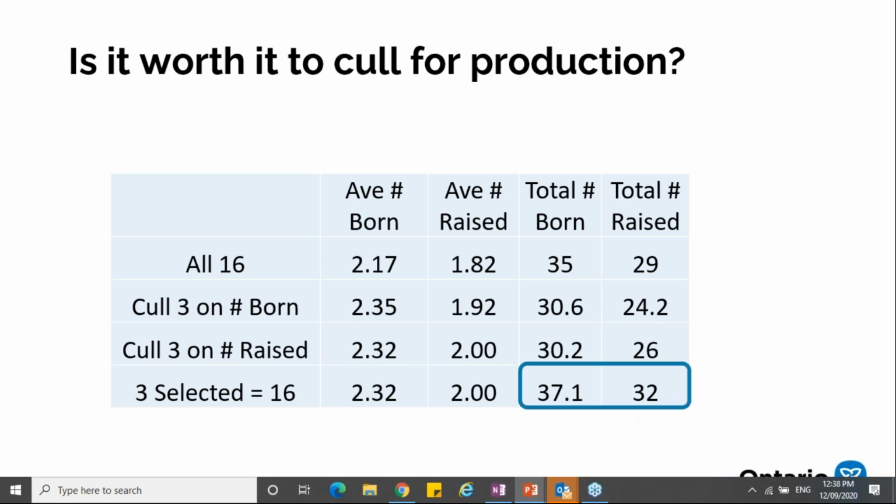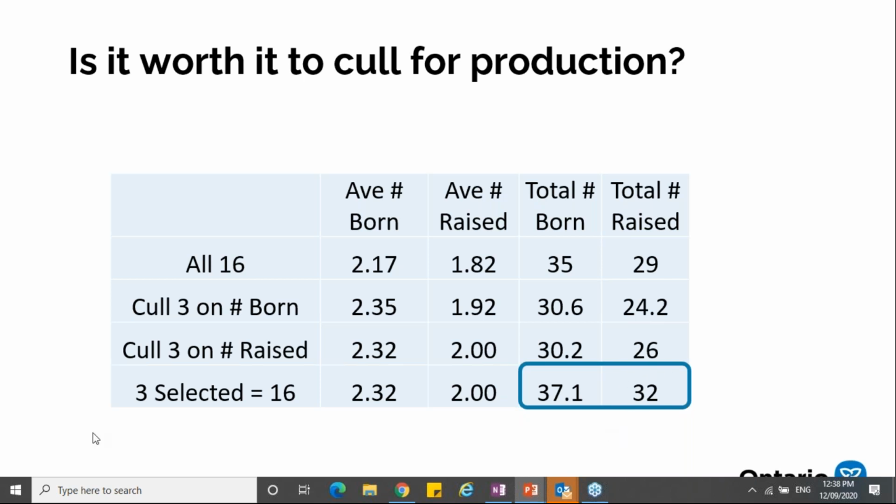You can see that by culling those ewes and keeping better replacements, we've improved our genetics and we've improved the number that we're raising.